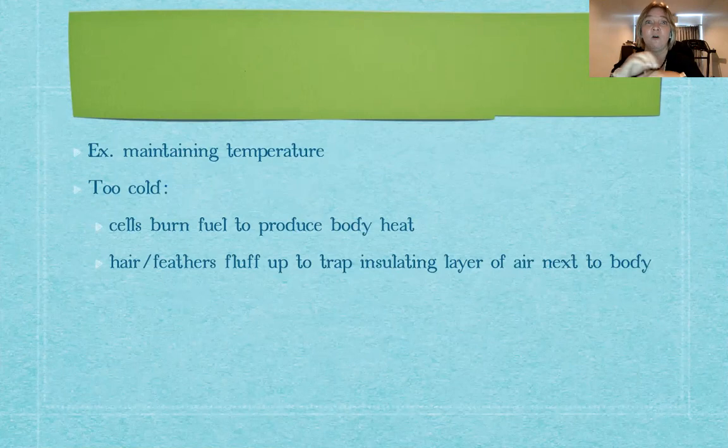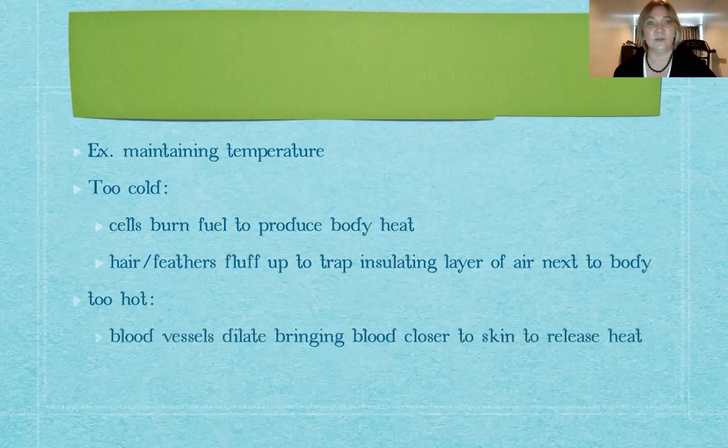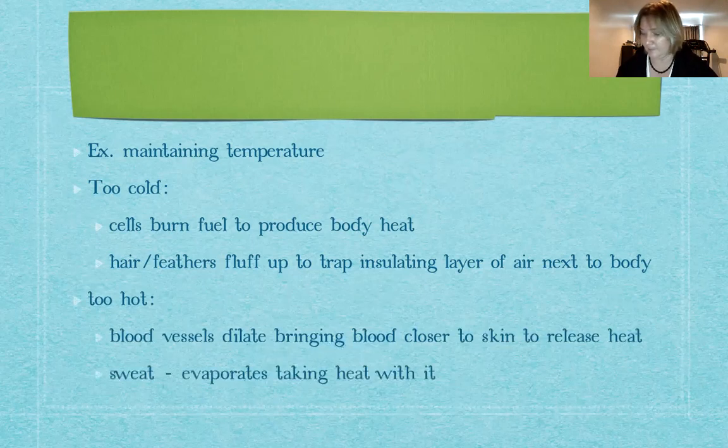You might notice when you get cold, the hair on your arms stands up, and that is to trap air next to the skin, so that air will be heated by your body heat, and you have kind of an invisible little layer of warmth around you. And again, if you get too hot, the blood vessels dilate to bring blood closer to the skin to release heat, and you start to sweat.